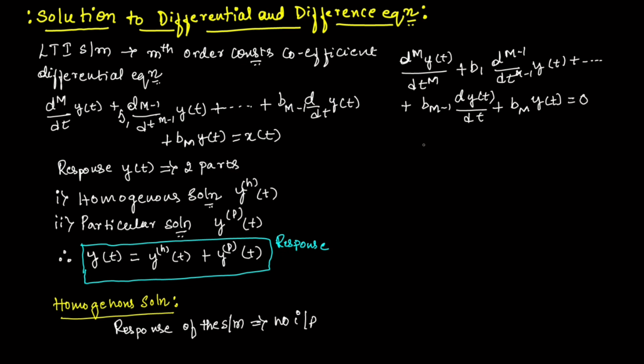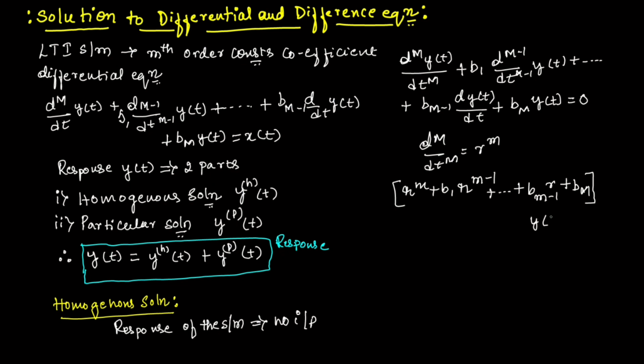In the above equation, if we put d^m/dt^m equal to r to the power of m, then we can write the above equation as r^m + b1 r^(m-1) + and so on plus b(m-1) r + bm will be equal to 0.